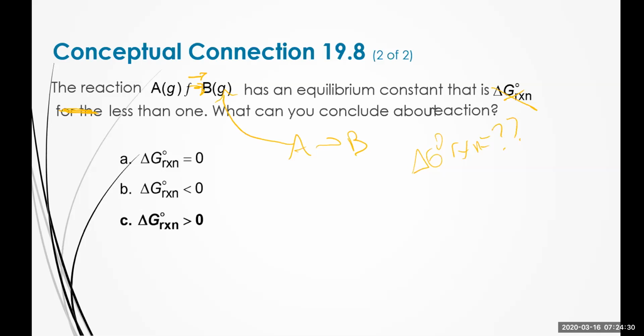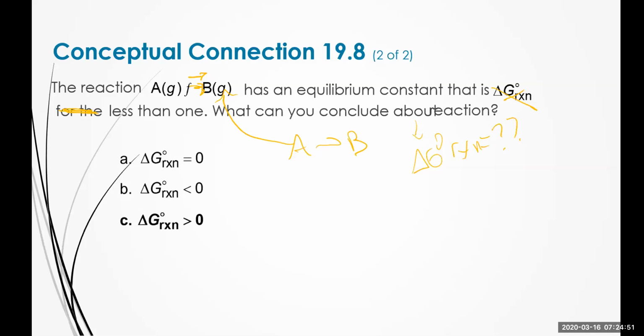So the reaction A going to B has an equilibrium constant that is less than 1. What can you conclude about delta G naught of the reaction?